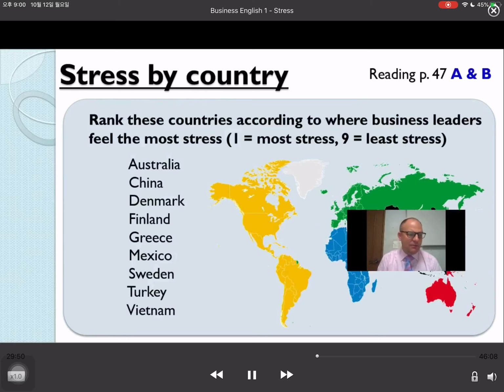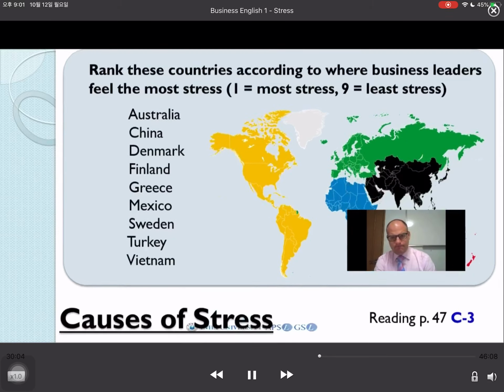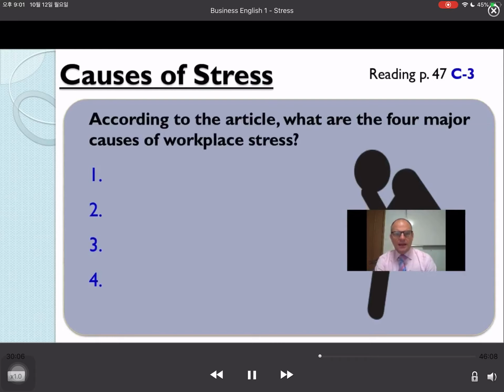Have a read through and see if you can rank them in order, from the most stressed country to the least stressed country for business leaders. And according to the article, what are the 4 major causes of stress in the workplace? So read through it, see if you can get those 4 main causes.